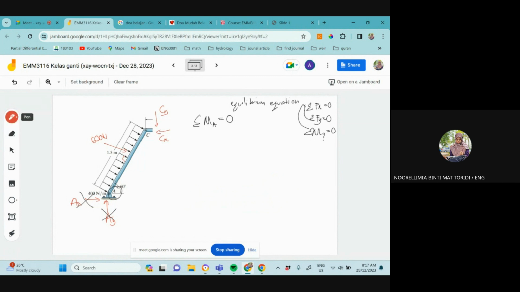You can say that this is the distance. So what is the distance from the 600 Newton to A?